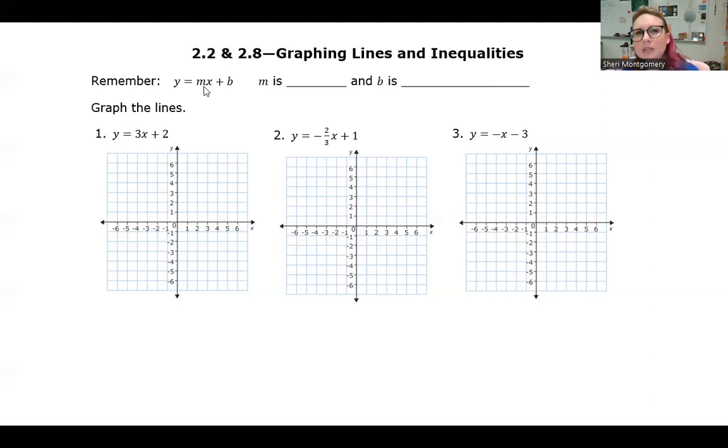Y equals mx plus b. Does anybody remember what these parts stand for? What's the m? Slope. Very good. Yes, slope. So the m is slope. And the b, what does b stand for?